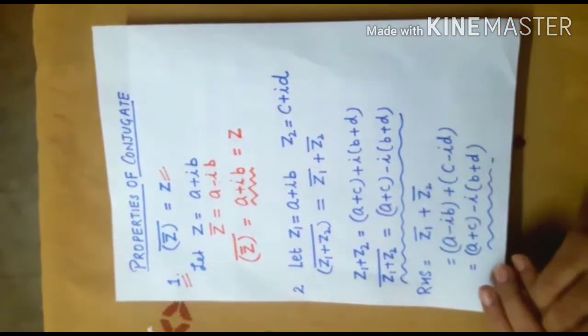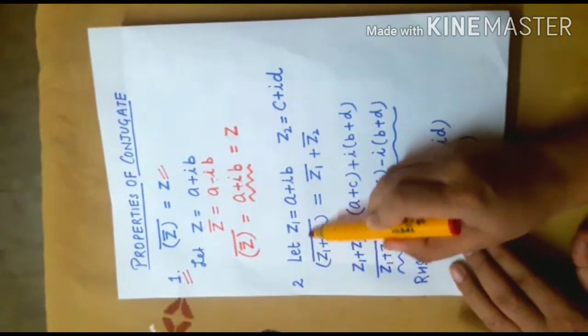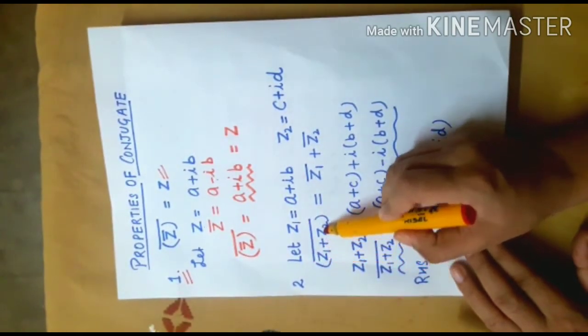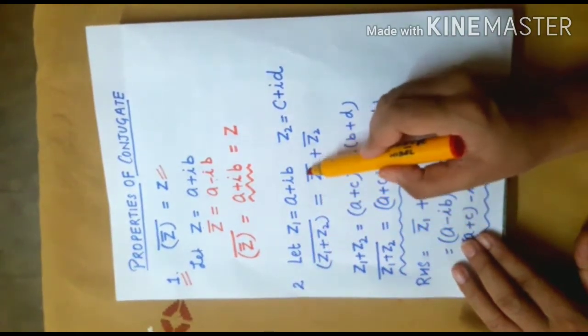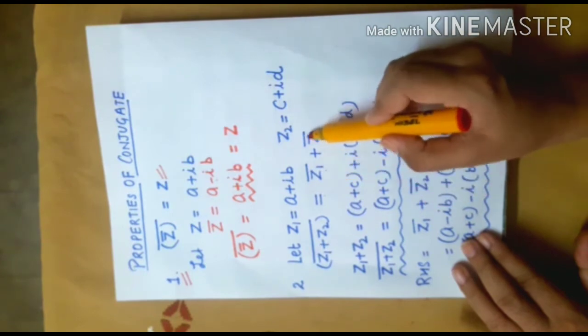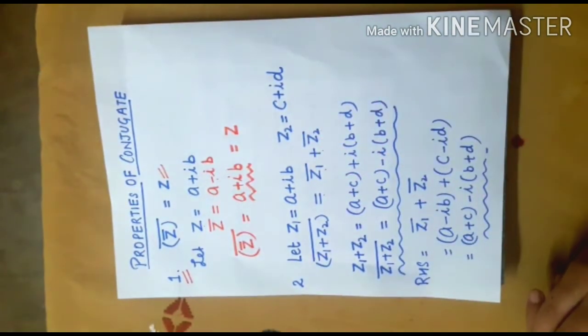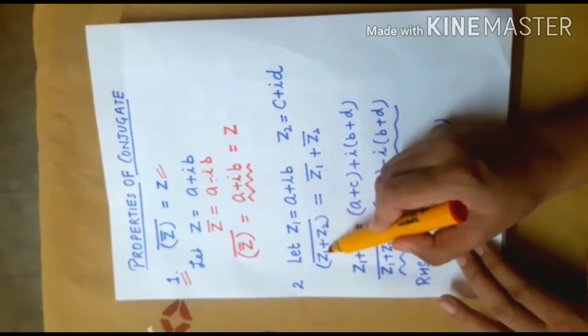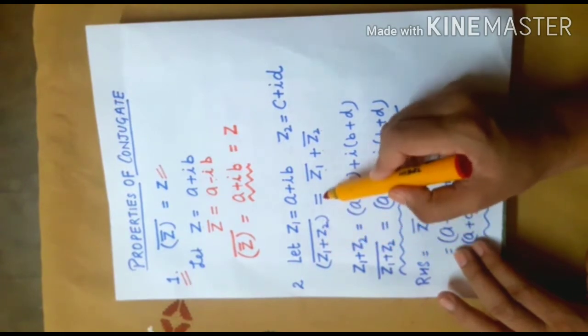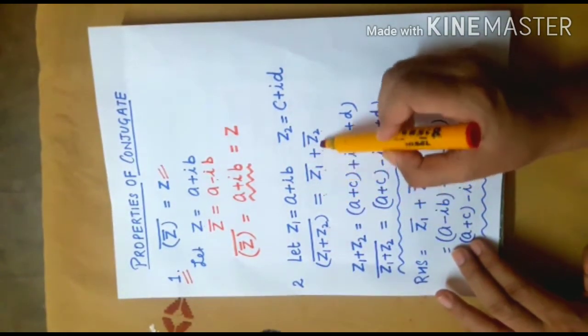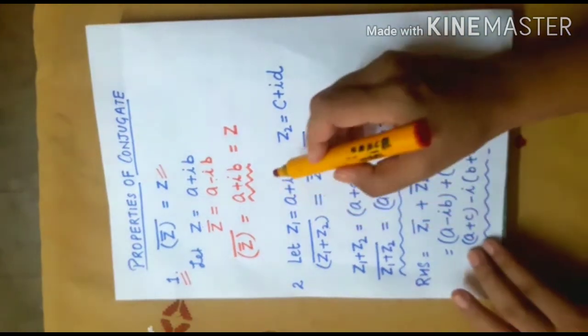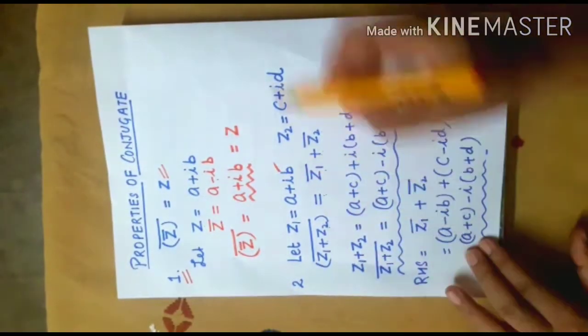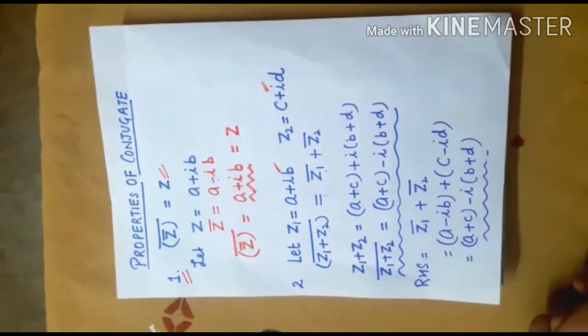The second property is conjugate of z1 plus z2 is equal to conjugate of z1 plus conjugate of z2. That is, the conjugate of the sum is equal to the sum of the conjugates. Let z1 be a plus iota b and z2 be c plus iota d.